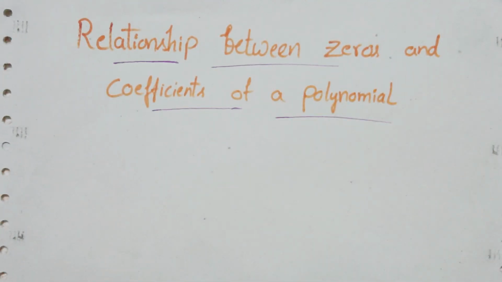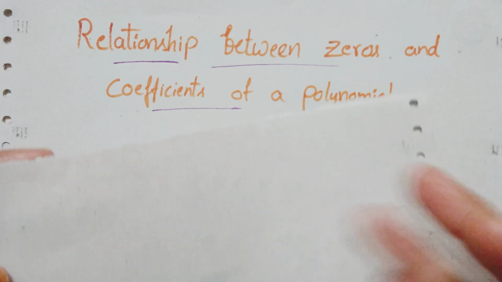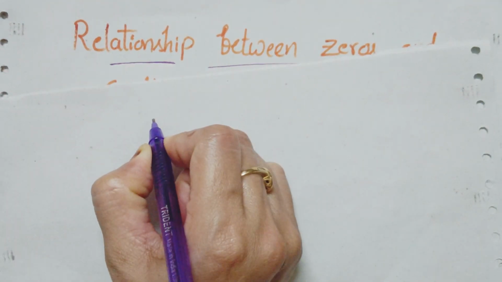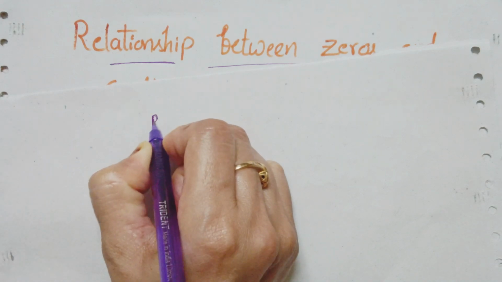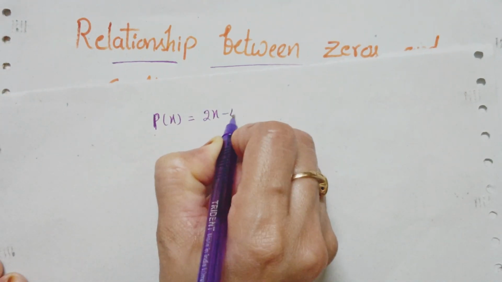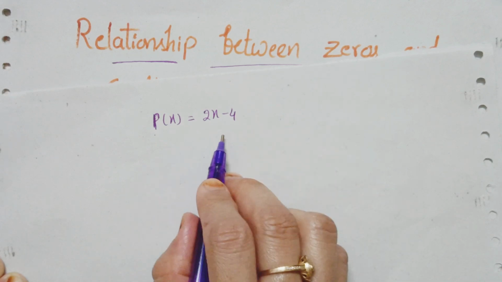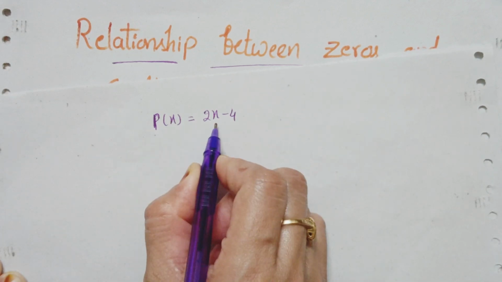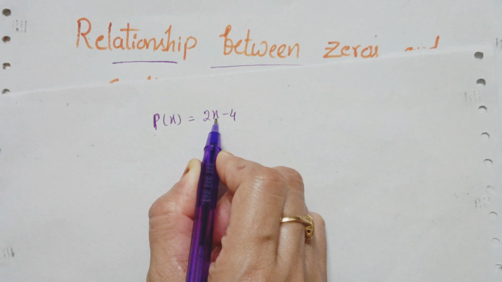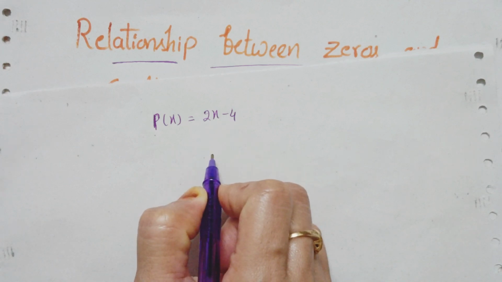Let me explain again so that it will be clear and revised for you. I have a polynomial p of x equal to 2x minus 4. I am going to substitute some value in the place of x so that this will become 0.